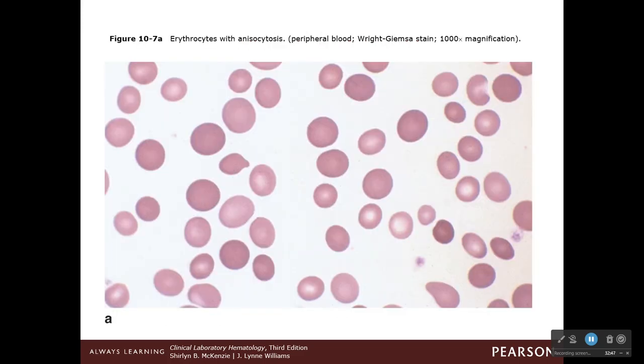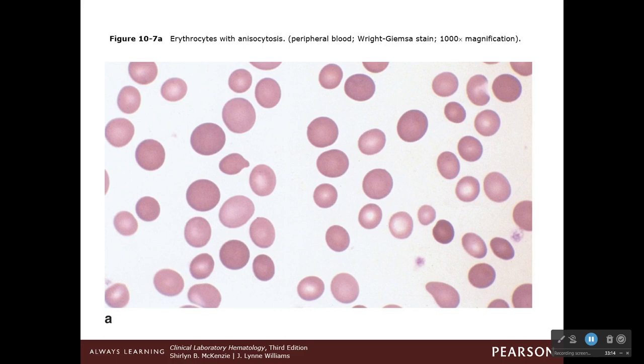Okay, so this is what anisocytosis would look like. So if you were looking at a smear, okay, you've got cells that are just normal, like they're supposed to be, but then you've got a macrocyte, look how big these guys are, and then you've got a bunch of little bitty spherocytes and microcytes. Okay, so you see that there's a difference in size. Shape's pretty about the same.